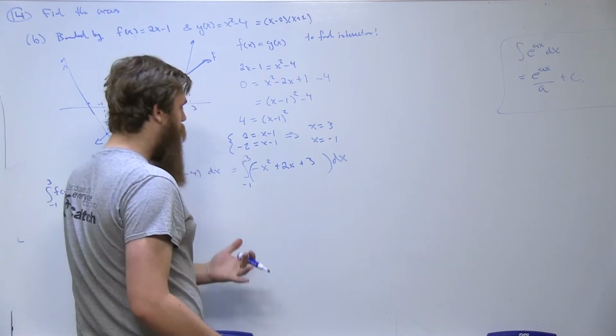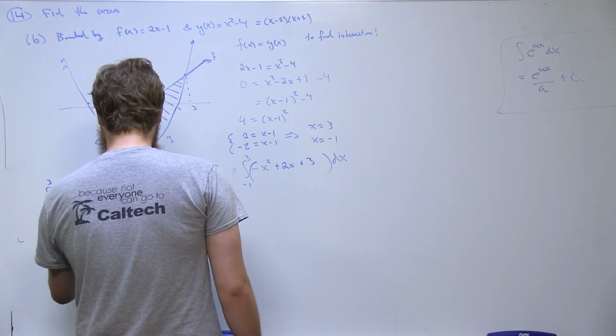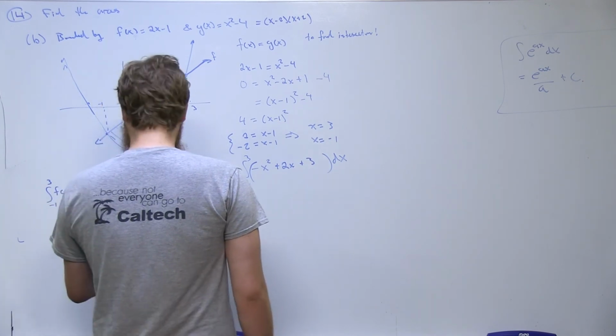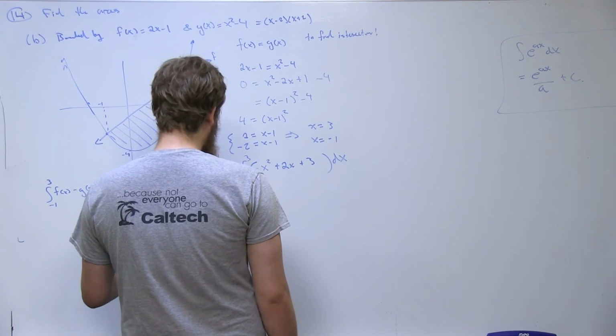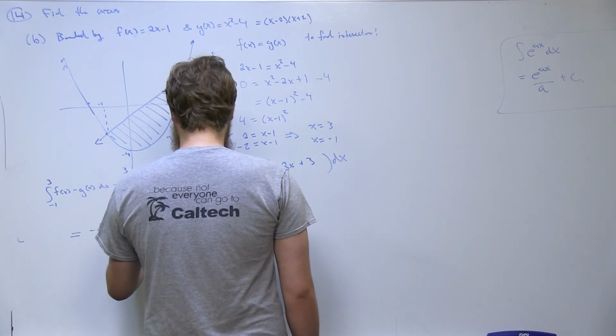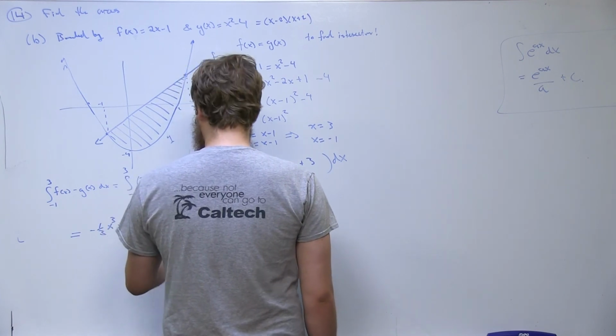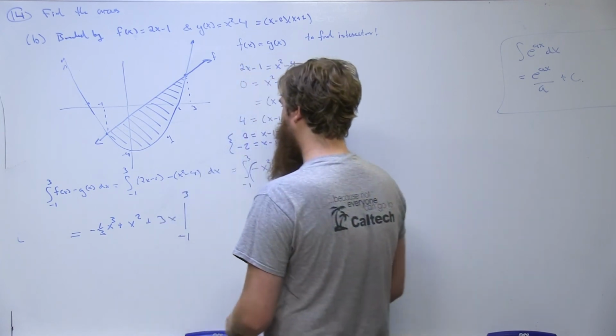Again, the power rule does all the work for us. So this guy is going to become negative 1/3 x cubed. And I'll have plus x squared over 2, but the 2's cancel. And then plus 3x. Okay, and this needs to be evaluated between negative 1 and 3.